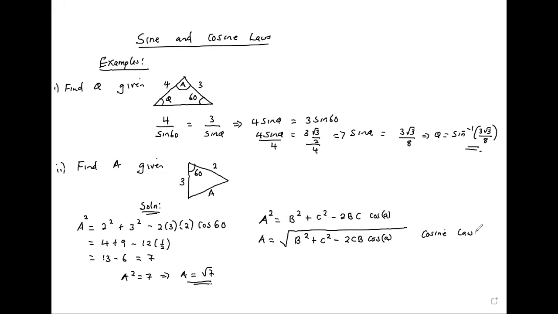How do you know I must use the cosine law? You want to get this side here. To get the side, you have an angle opposite to this side. Sine law requires that you should have another angle.